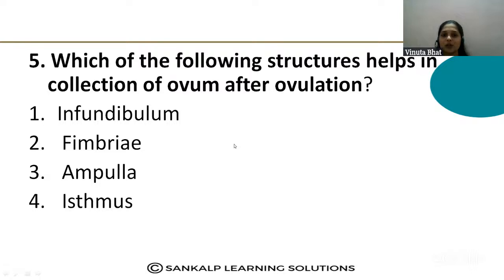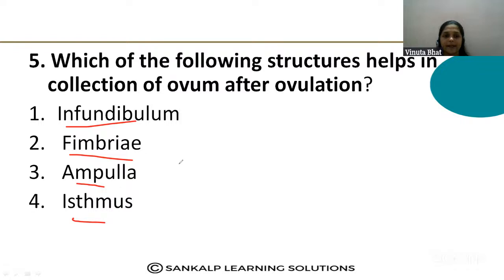Fifth one: which of the following structures helps in collection of the ovum after the ovulation? After the ovulation, the ovum should transfer into the fallopian tube, right? So which structure helps? Is it infundibulum, fimbriae, ampulla, isthmus? Which part?